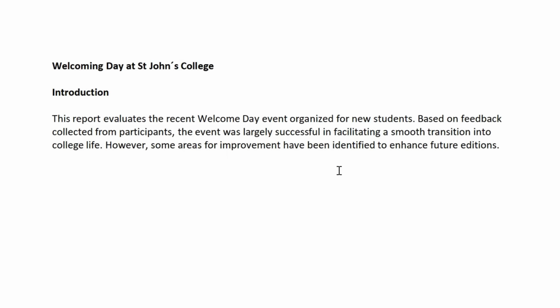So we can see here we've outlined what's going to happen in the report: evaluation of the welcome day. We've also talked about the feedback, because we need to present the information. How do we know that the event was successful or not? Well, we need to ask the students that participated. Obviously, those are going to be the important people, so we need that feedback.